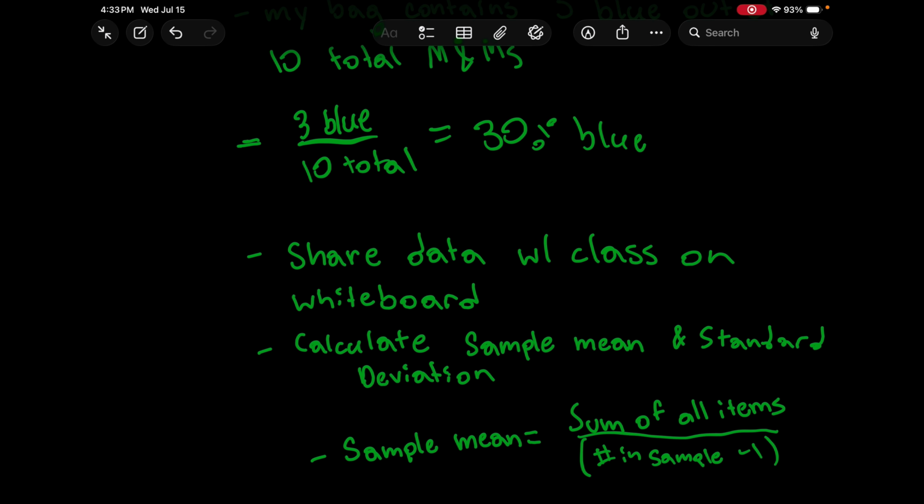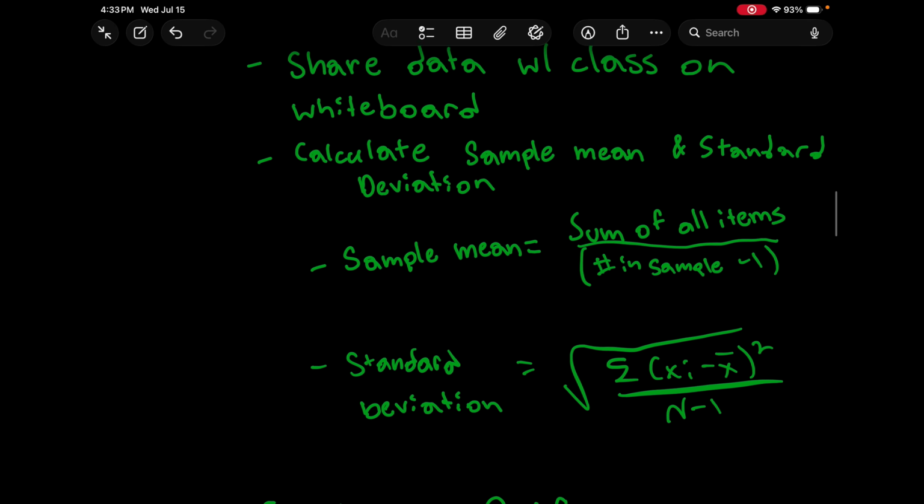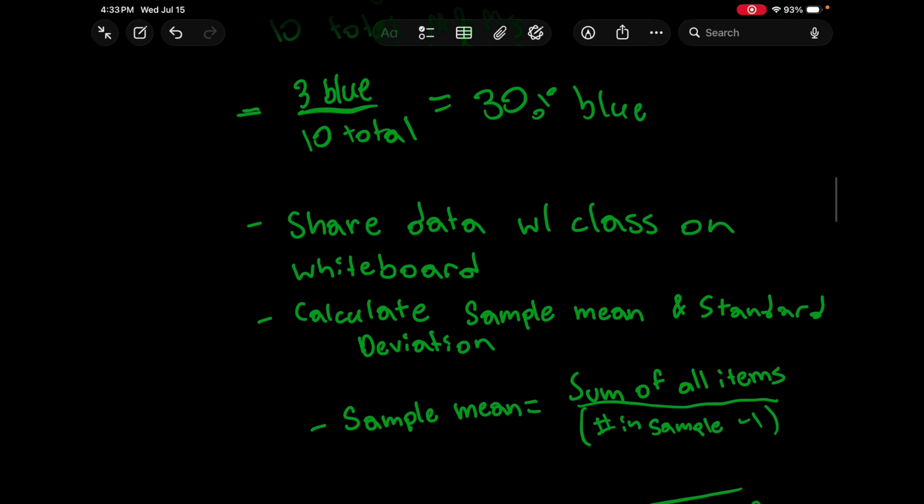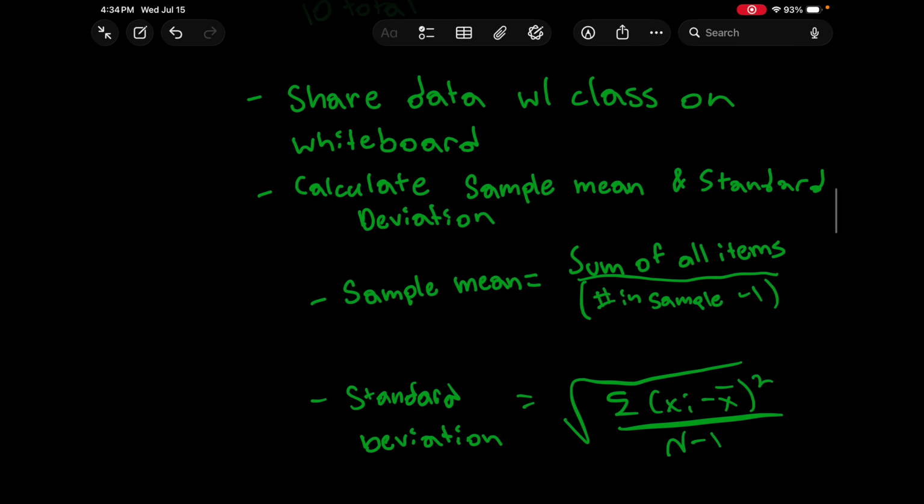Awesome. So our sample mean is the sum of all of the items that we observe, here all of our percentages of blue, over our number of items in the sample. We have 36 observations here, so 35 will be in the numerator.